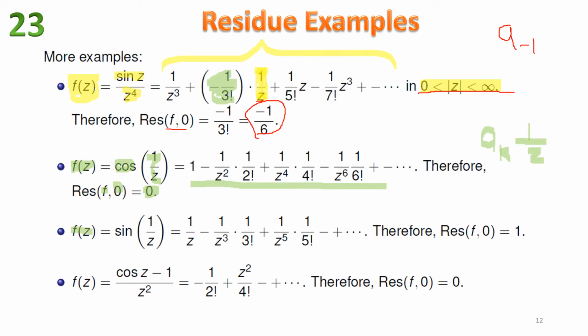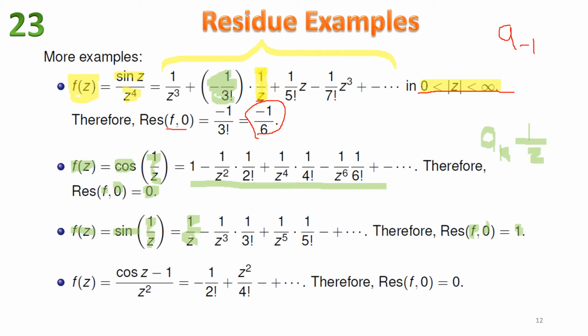Similarly, when f of z is equal to sine of 1 upon z, we have this kind of expression, and again the coefficient of the 1 upon z term is unity, so residue is equal to 1 for the function at 0.